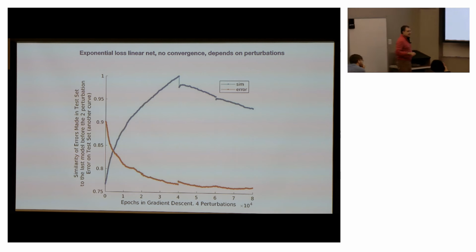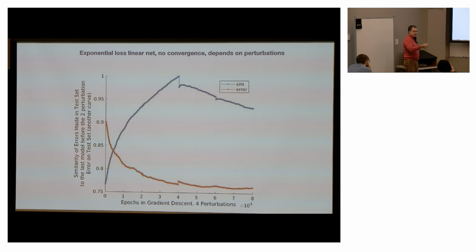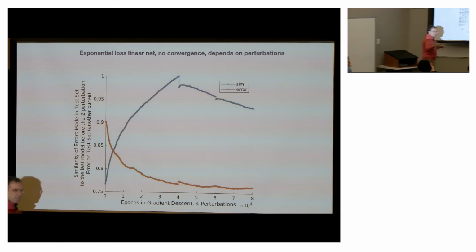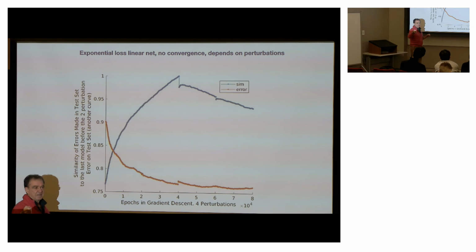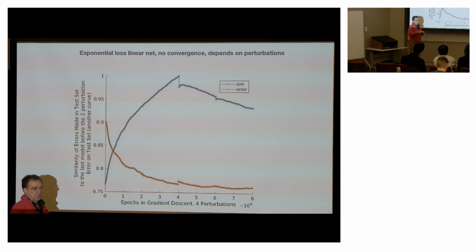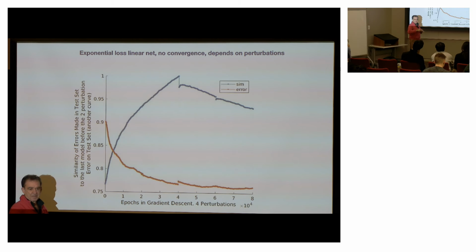This is checking whether the function you get before and after the perturbation is the same that you had before. So we are doing this by having a separate test set and looking at the pattern of errors on this test set. If the function does not change, you should have the same pattern of error. Otherwise, the pattern of error may change. Not the quantity, just the pattern.